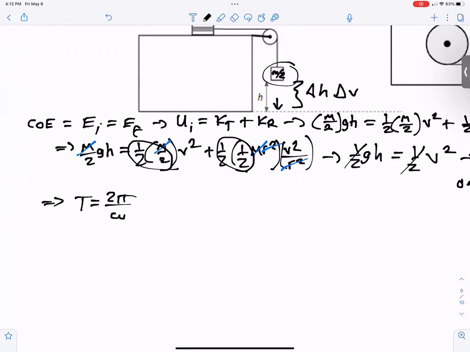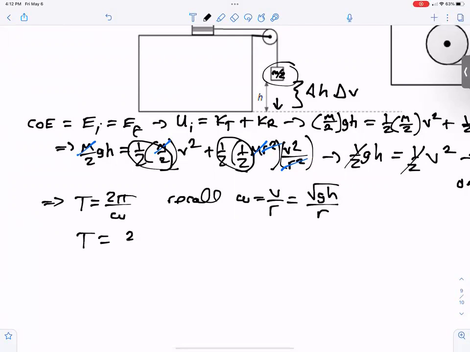So here's what we can do. Recall that omega is equal to v over r. So we can go square root of gh over r in place of omega. And the period would therefore be 2 pi over omega, which is the square root of gh over r.